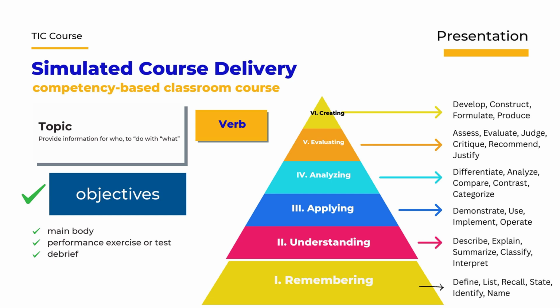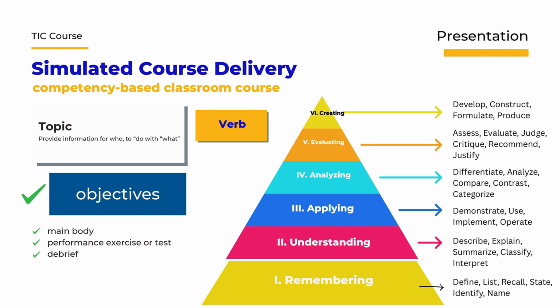Level 2, understanding, with verbs like describe, explain, or interpret. Level 3, applying, with verbs such as demonstrate, use, or implement. Level 4, analyzing, with verbs like compare, differentiate, or categorize. Level 5, evaluating, with verbs such as assess, judge, or recommend. And level 6, creating, with verbs like develop, construct, or formulate.